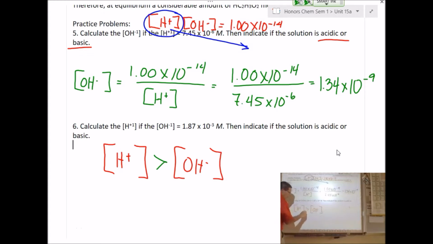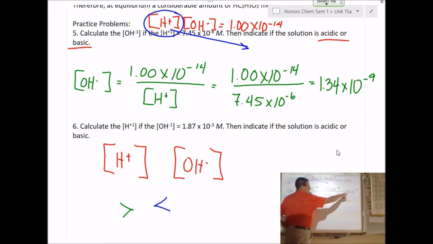So is the hydrogen greater or is the hydroxide greater? Which one is it? How do you know that? Good. So negative 6 is definitely a lot bigger than negative 9. So the hydrogen is greater than the hydroxide. So what kind of solution is this? Acidic. Very good.